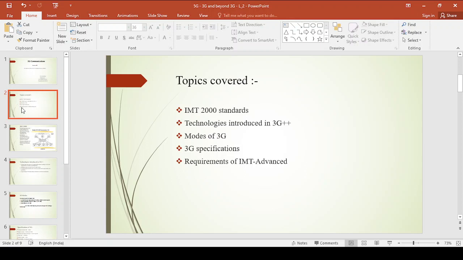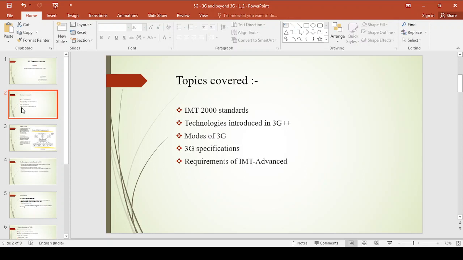The technologies included in 3.5G and 3.9G are discussed after the IMT standards. Later we will see the operating modes under the third generation system, the specifications of the 3G system, and then the requirements of IMT-Advanced, nothing but your 4G system, right?